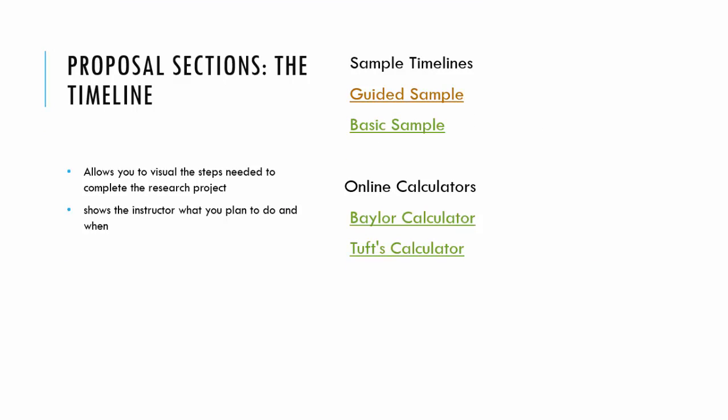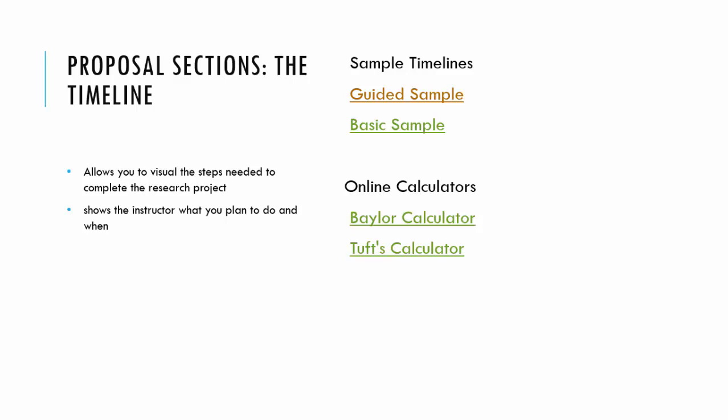Another very important section that you will need in your proposal is the timeline. The timeline is a way for you to visually keep track of what you need to do to complete the research project. It also shows me what you plan to do in your research project and when you plan to do it.